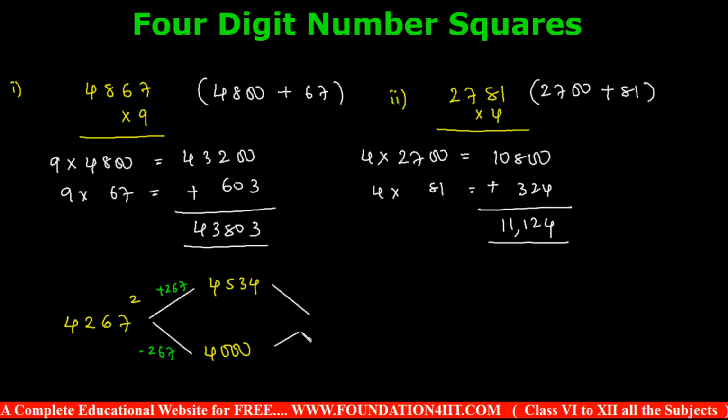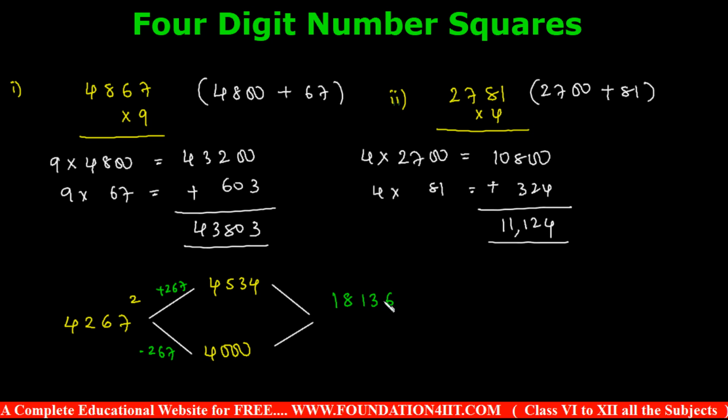Next, this 4534 into 4. The same concept you applied, you can do in the same way. I've done this and got the answer 18136. 4534 into 4 is a 4-digit by 1-digit multiplication.